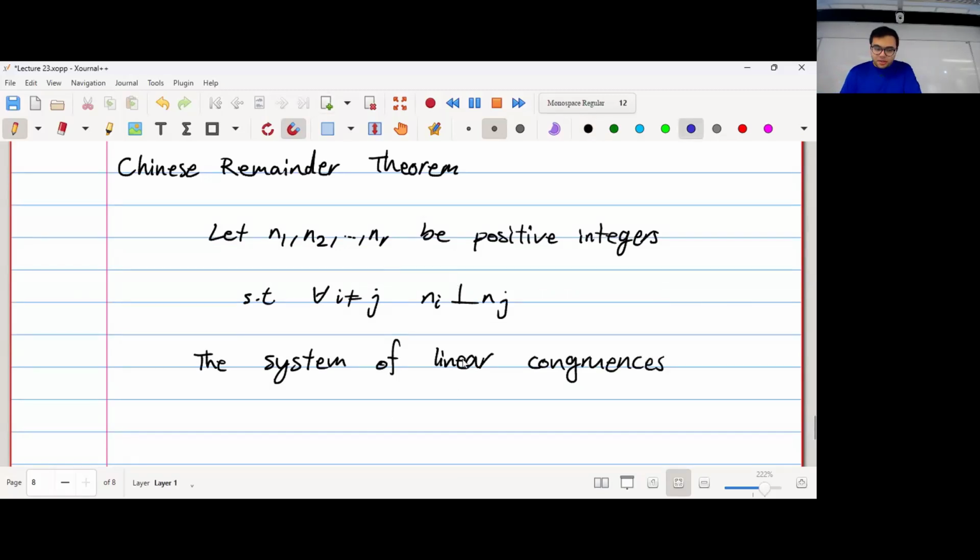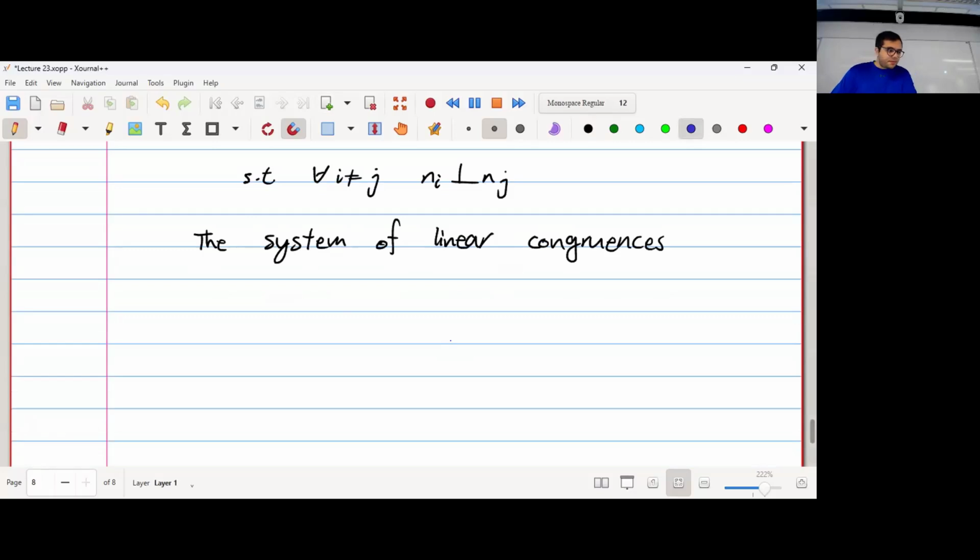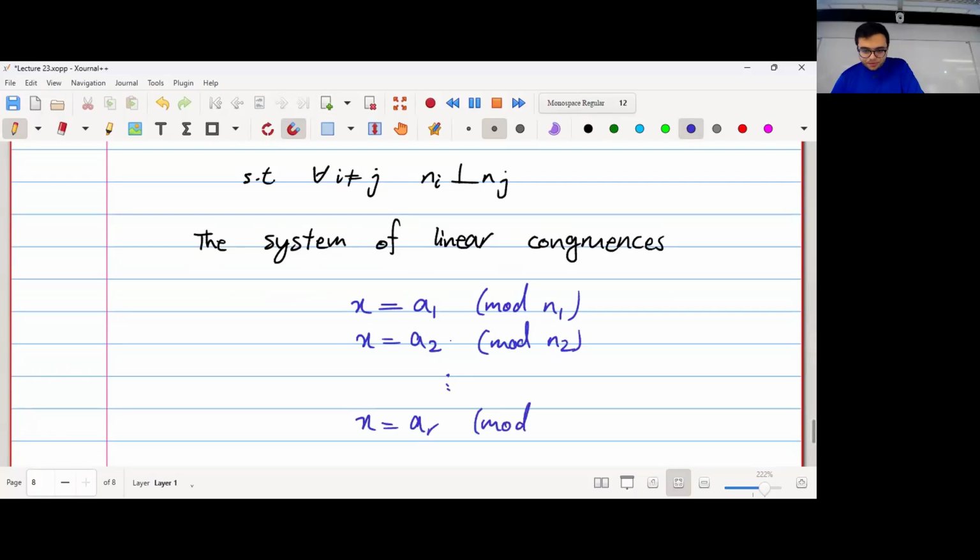This one. So I want to say that x is a1 modulo n1, x is a2 modulo n2, so on, and x is equal to aR modulo nR.